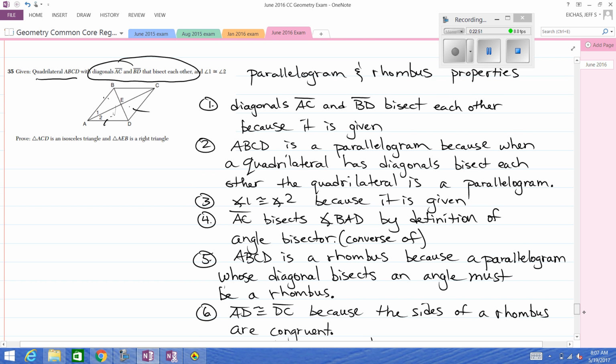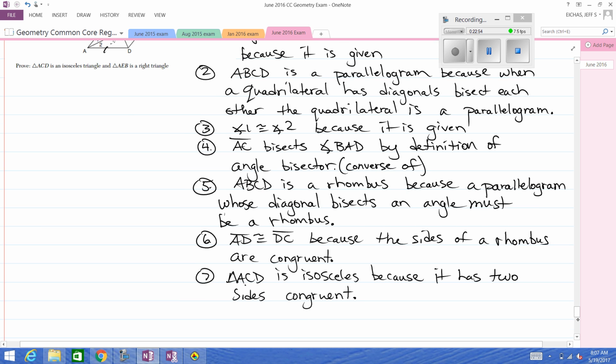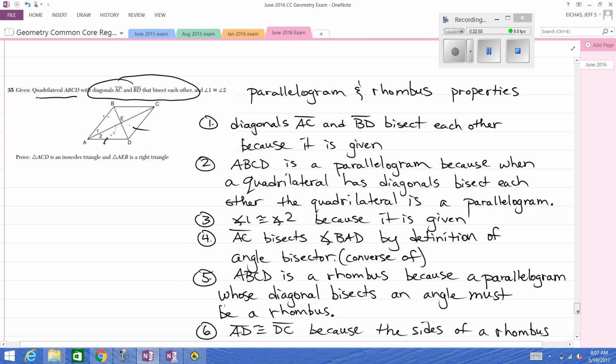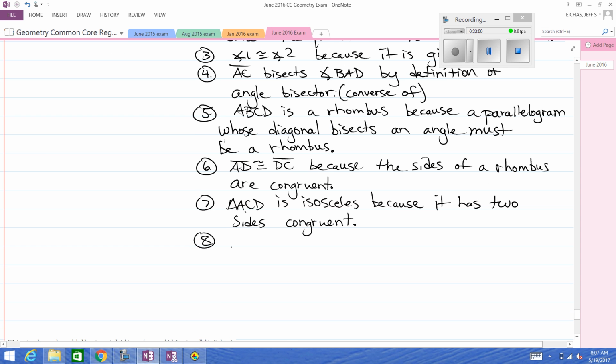All right, keep going. We want triangle AEB to be a right triangle. So we'll go with this. Let's see, AC is perpendicular to BD. That's because the diagonals of a rhombus are perpendicular.